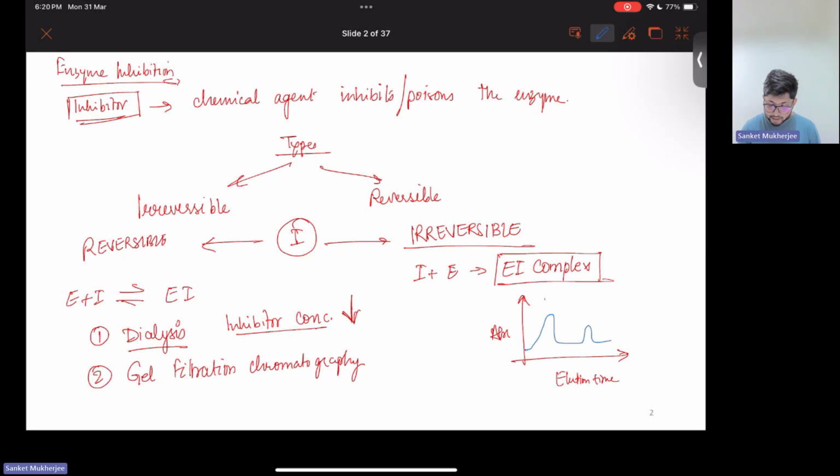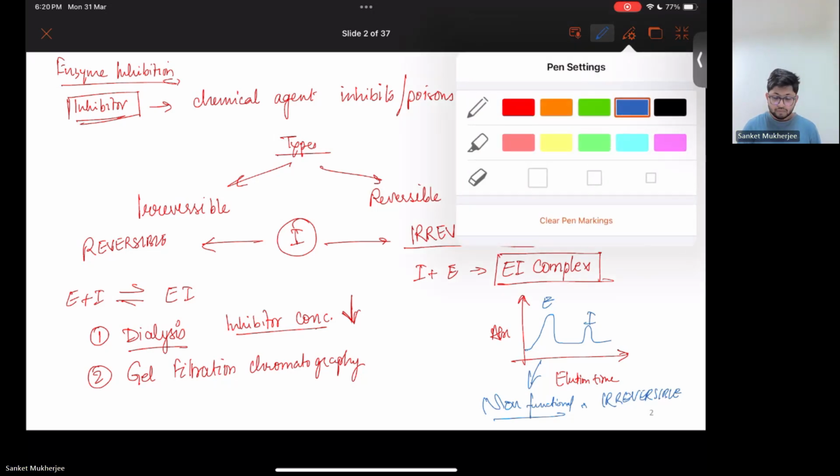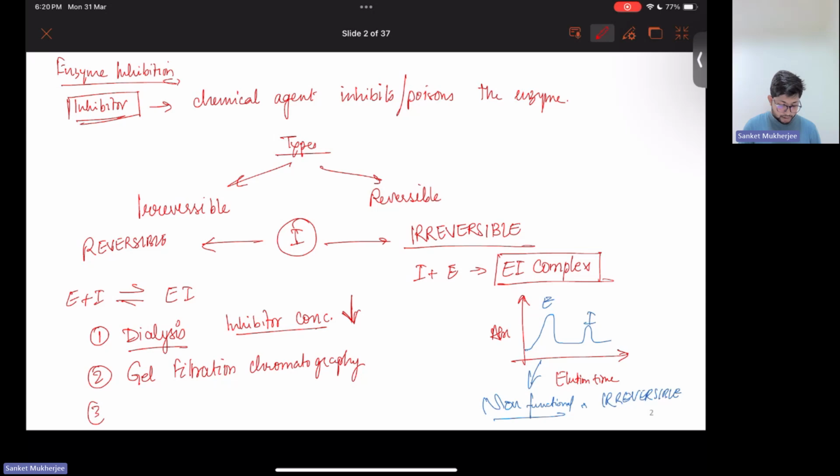So if let's say this is the enzyme peak, this is the inhibitor peak. If the enzyme is non-functional, then it is irreversible inhibition. If it is functional, then it is reversible inhibition. Another way is by performing dilutions.